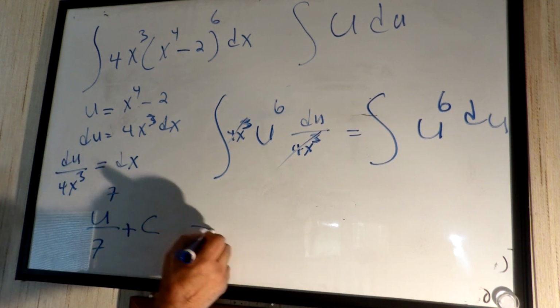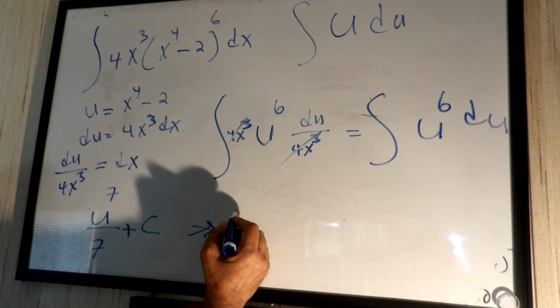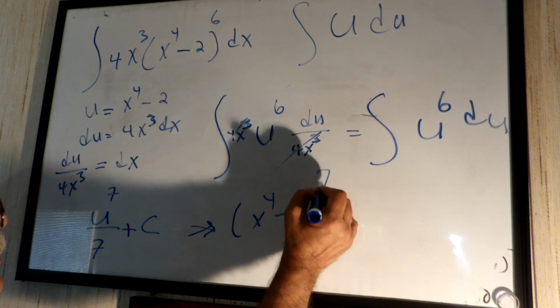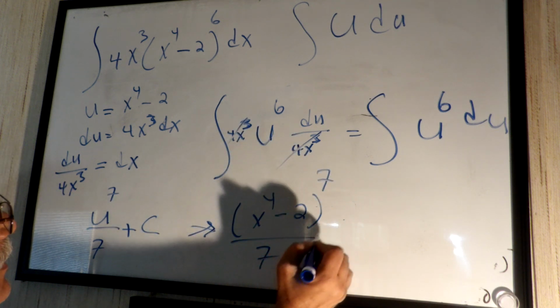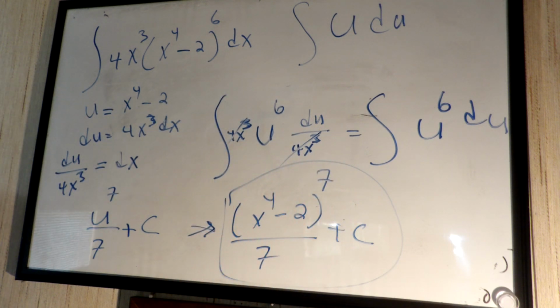And then you substitute u, which is (x^4 - 2)^7 divided by 7 plus c. That's the answer. Okay? So we use one of them as u.